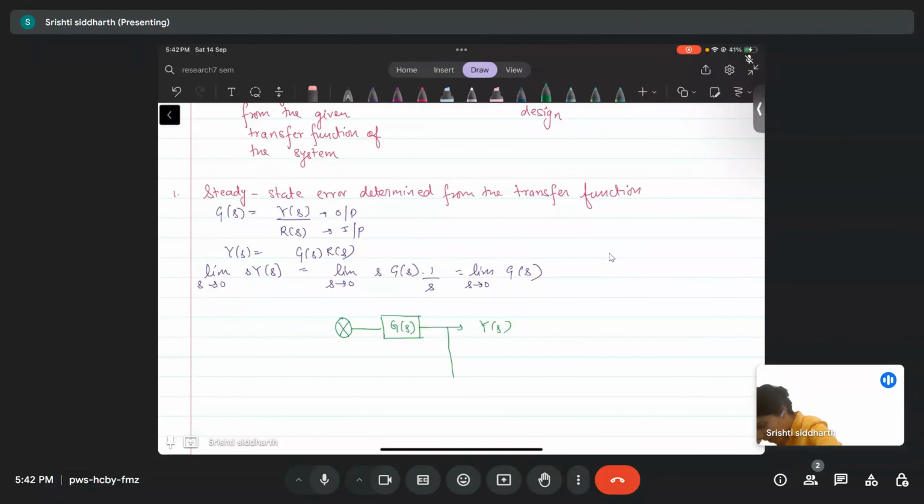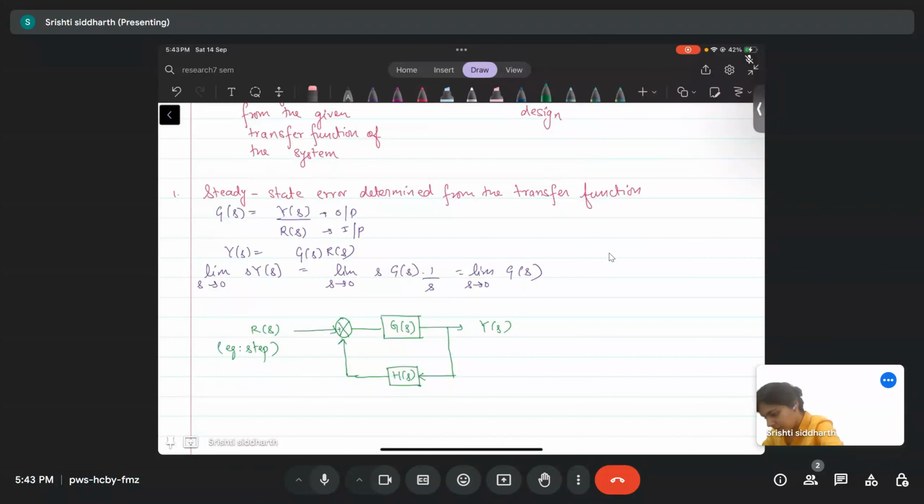We take a feedback through this block H(s) to get the closed loop, and then we have the desired output R(s), which we want to track, for example, the step input.